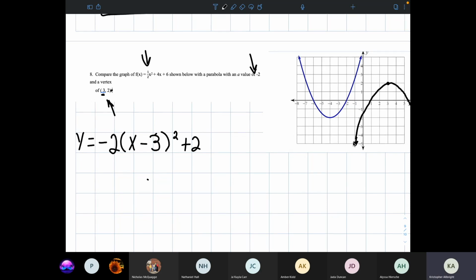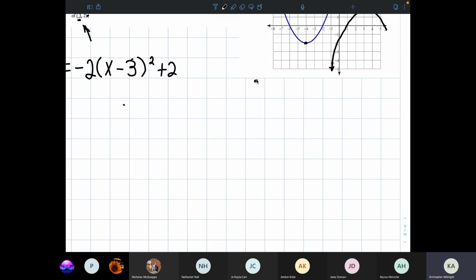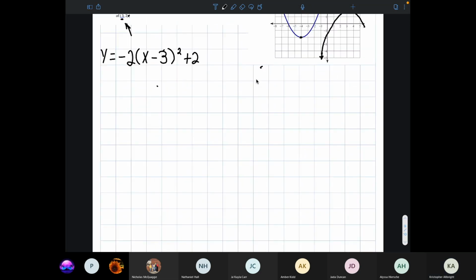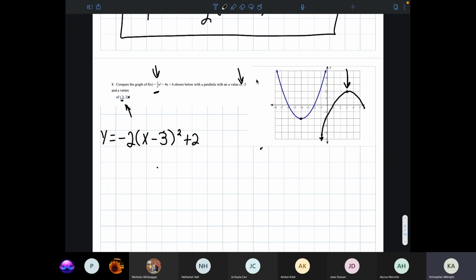Our differences are they start at different places because this has a vertex over here and it faces up, and it also compresses a little bit, whereas this expands a little bit. No, vice versa. This one expands and this one compresses. I don't really know what your teacher's looking for there, but those are the differences between them.